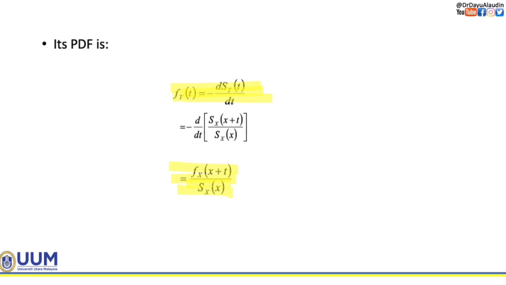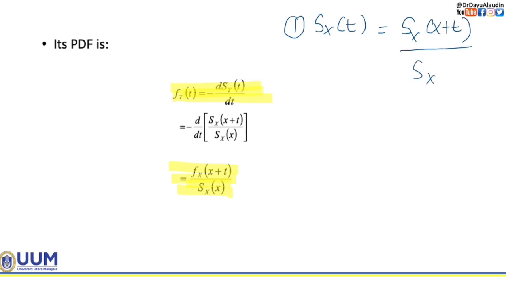So far, the SDF for future lifetime is S(x+t) over S(x). So the PDF is the second one.